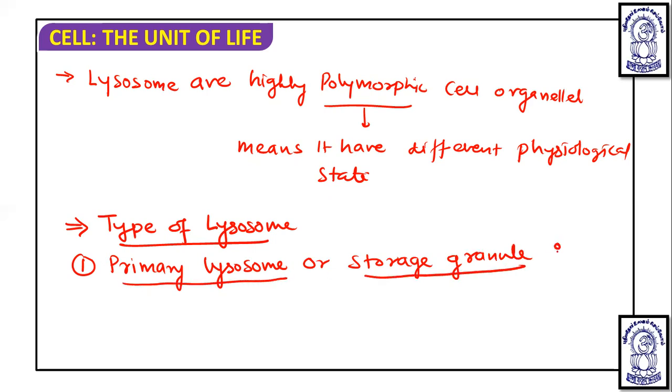So it is a primary lysosome or storage granule. This lysosome stores inactive enzymes. So lysosomes with inactive enzymes are considered as primary lysosomes or storage granules.